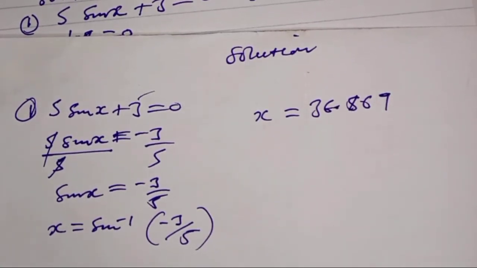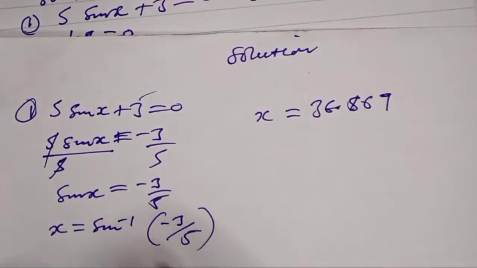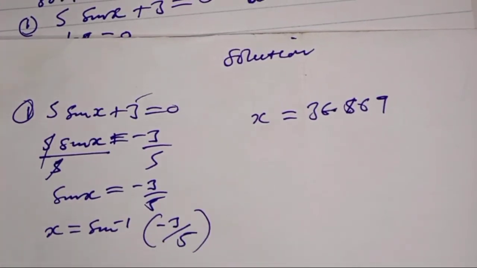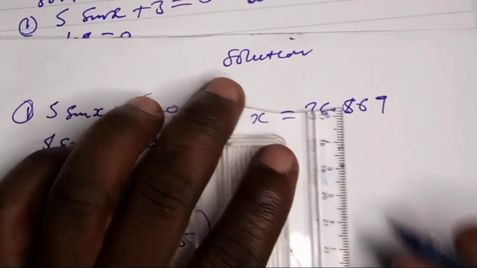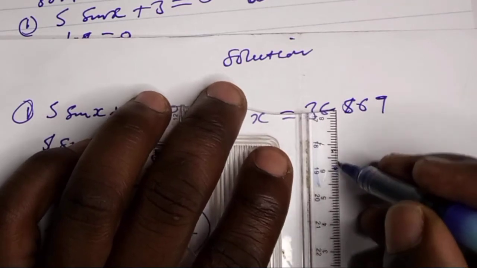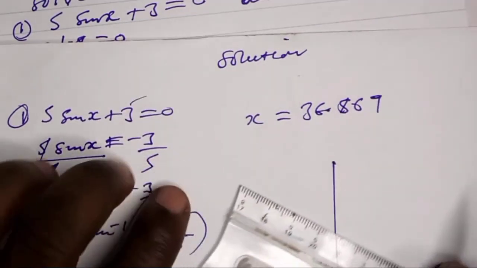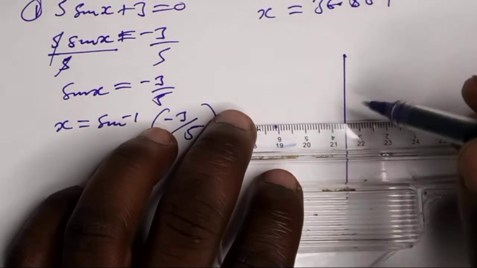So let's draw a quadrant. This is just the first angle, and here, if you can see, there's a negative. So we have to go where sine is negative. We are drawing a quadrant.